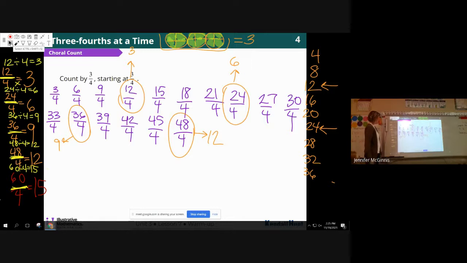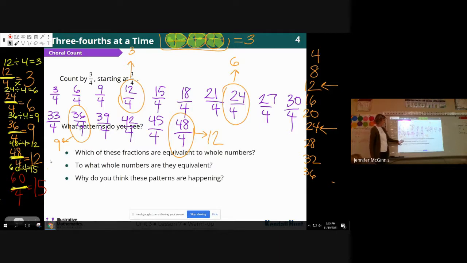Okay, what else did I want to say about this? I forget. Which of these fractions are equivalent to whole numbers? 3, 6, 9, 12. To what whole numbers are they equivalent? Why do you think these patterns are happening? We're counting by 3/4, and we're starting with 3/4.